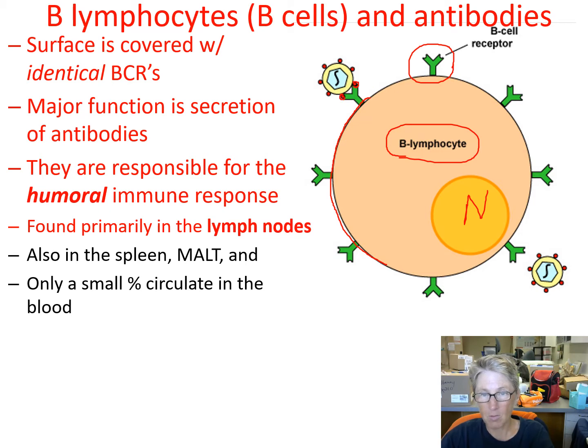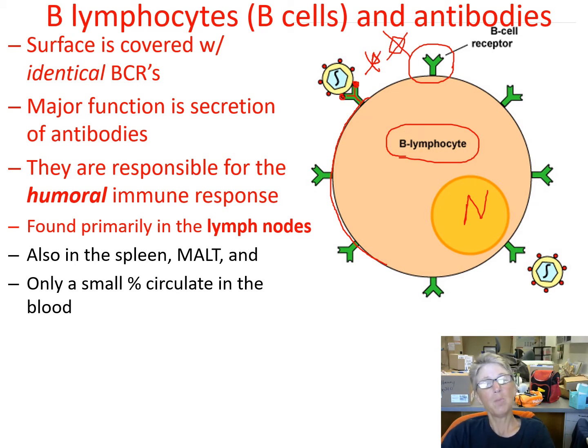So this is a virus. These would be the spikes on the virus. And remember, in this specific immune system, this specific B cell receptor would only recognize this red ball. It would not recognize a triangle. It would not recognize a square, etc.